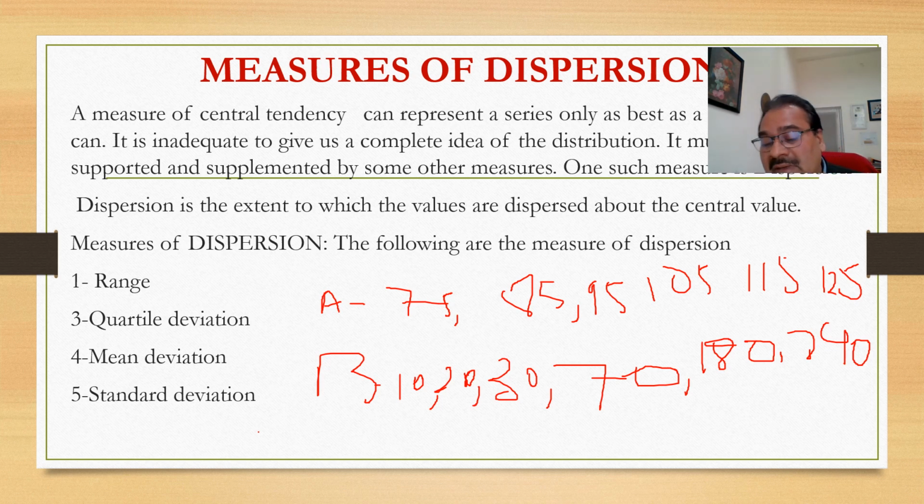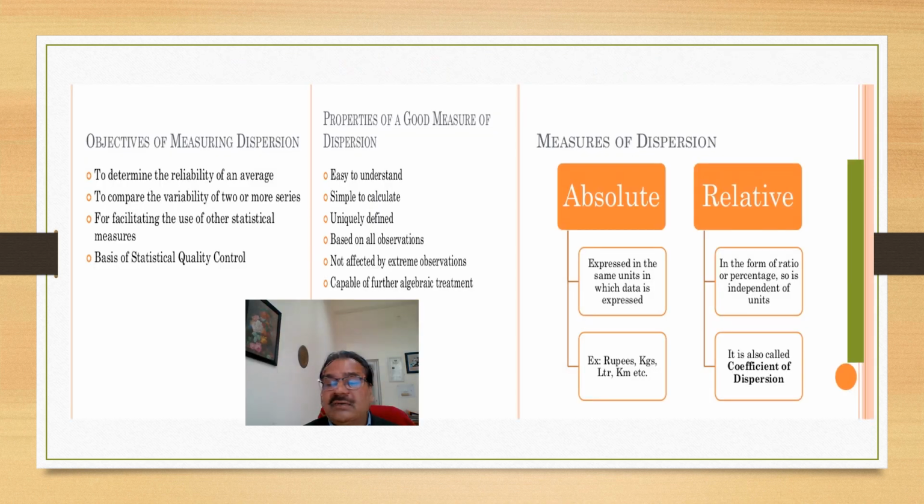To extract the meaning of the observations, we have to know about these. One objective of measures of dispersion is to determine the reliability of an average, to compare the variability of two or more series, for facilitating the use of other statistical measures, and as a basis of statistical quality control.